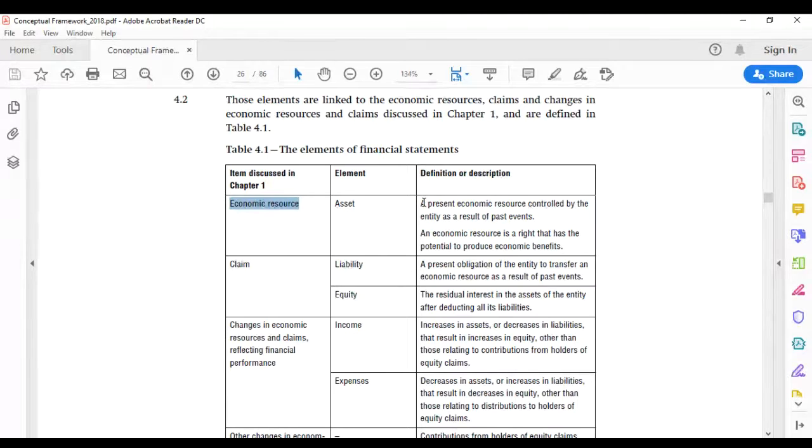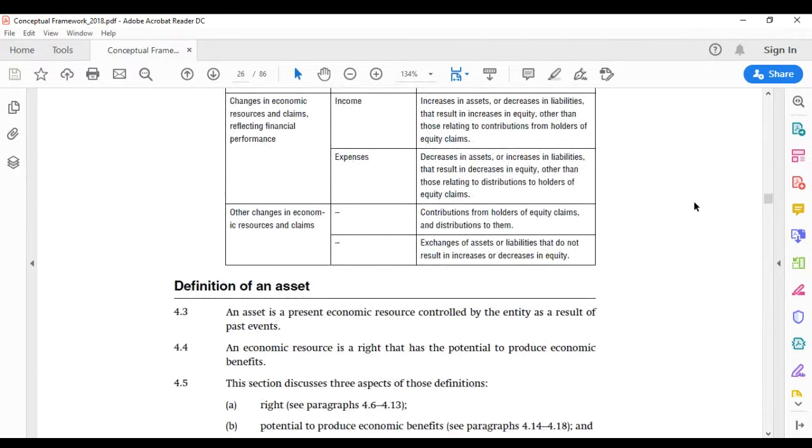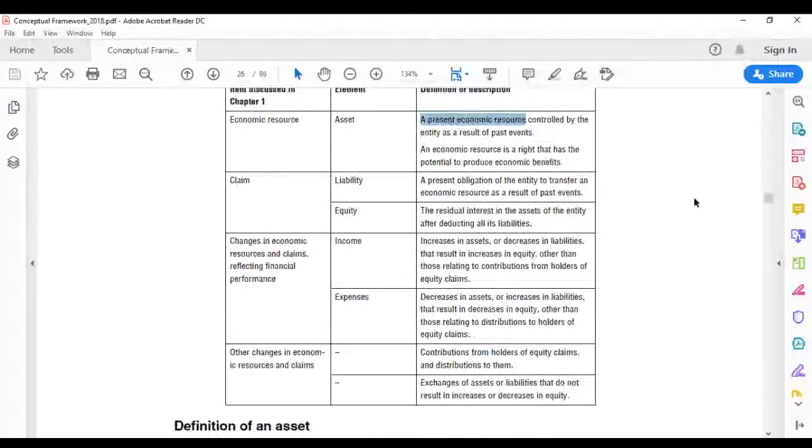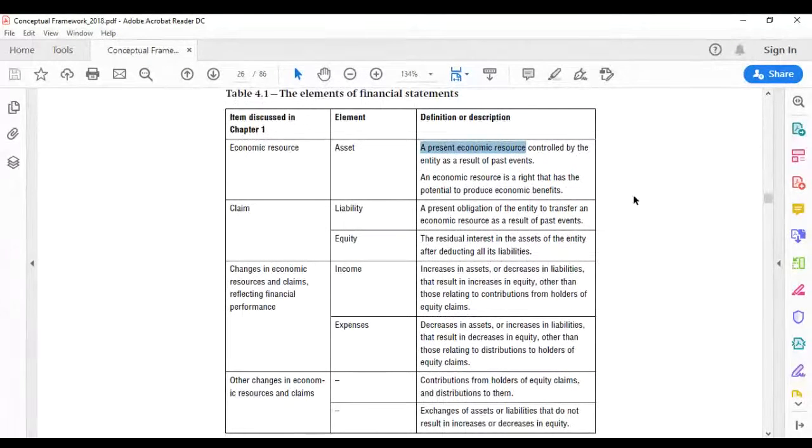The first little component that we have to understand is a present economic resource. We'll see a little bit later what is meant by resources and so forth. So it's a present economic resource. In other words, it's something that we already own or already have use of, right? That can produce income for us.